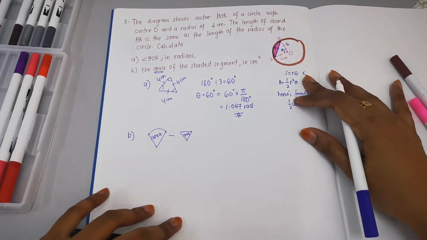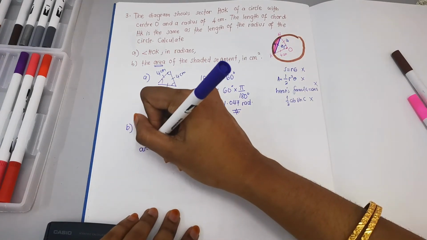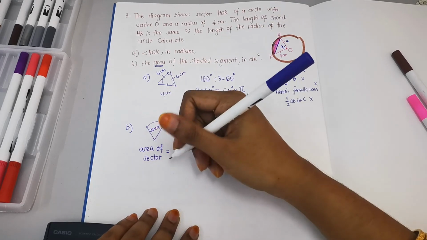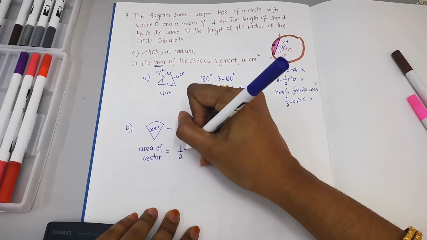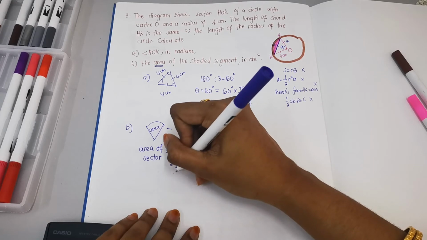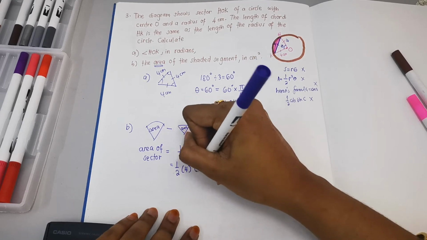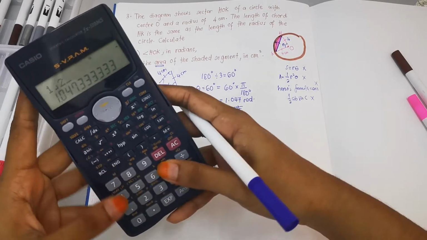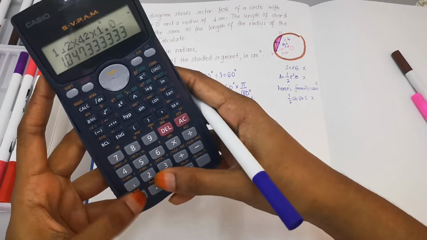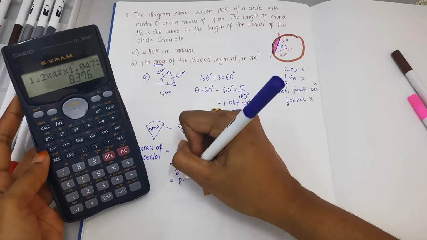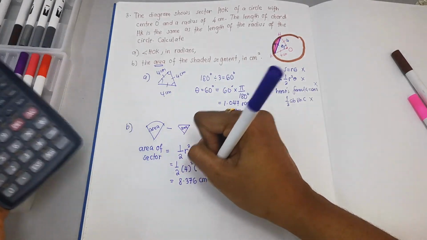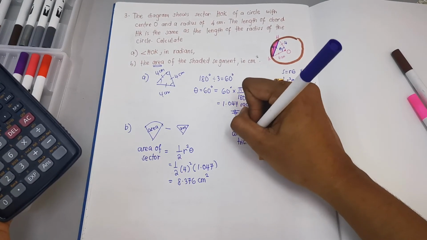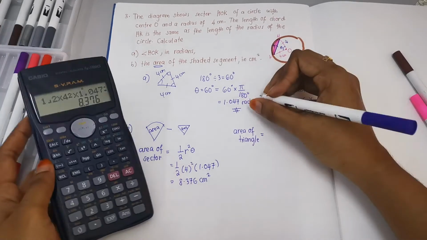Okay, so have you guys started? If yes, can you let me know what did you get for area of sector? So area of sector KOH is 1 over 2 r square theta. So 1 over 2 times 4 square times 1.047. Okay, so I'll get 8.376 centimeter square. Then area of triangle.